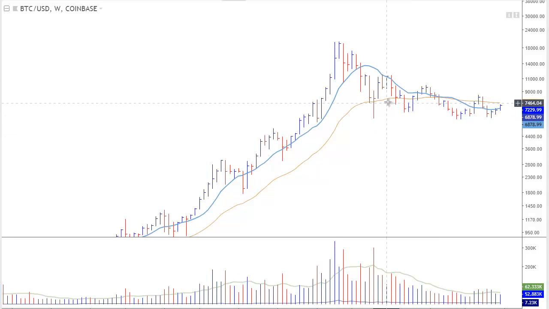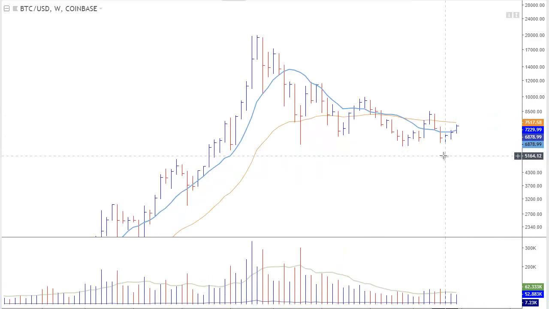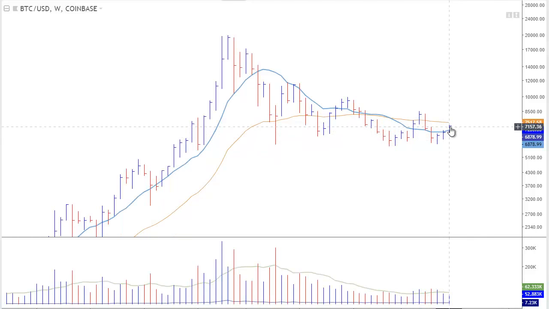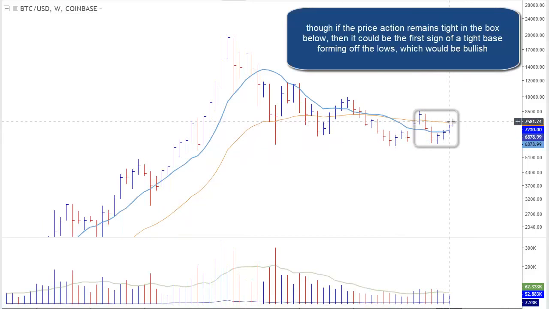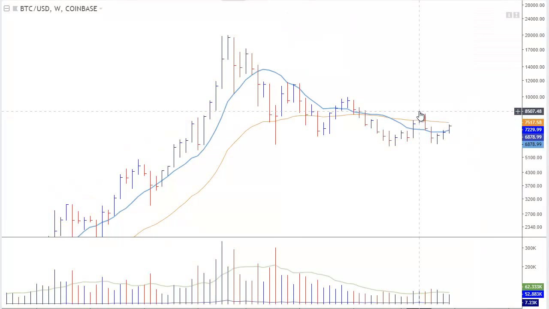So when we look at a chart of Bitcoin, we see that the price action has found support, but the 10-week is below the 40-week MA and starting to turn up, but the 40-week is still sideways. We can look at this chart and see right away that we can't expect too much out of the price action here until this high is taken out.